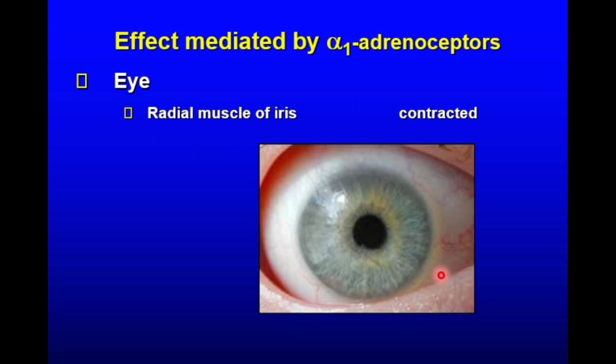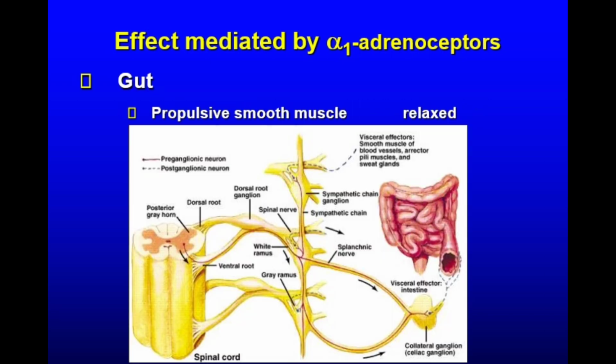They dilate the pupil. In the propulsive smooth muscle of the gastrointestinal tract, alpha-1 adrenoceptor activity inhibits muscle contraction.